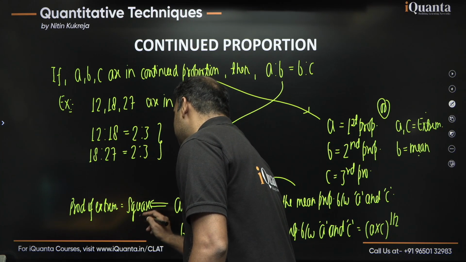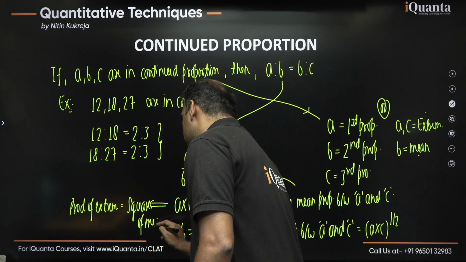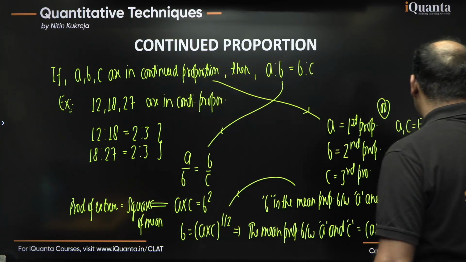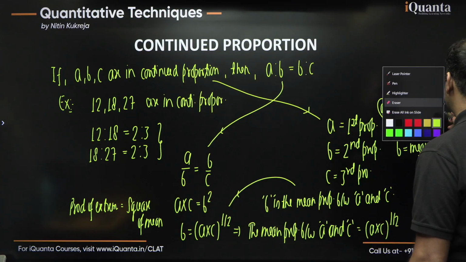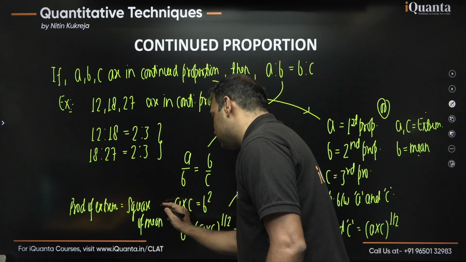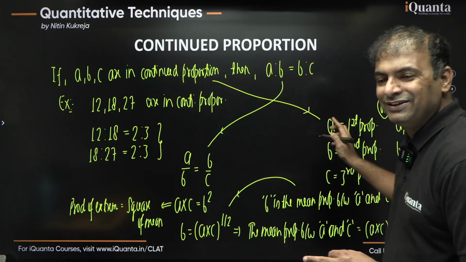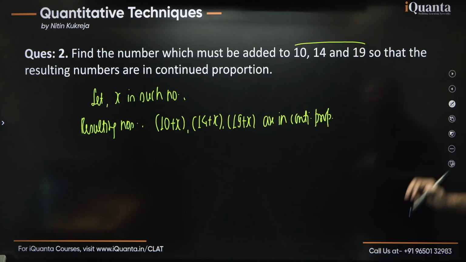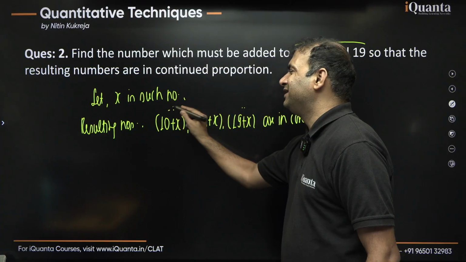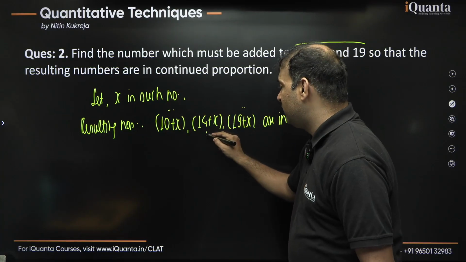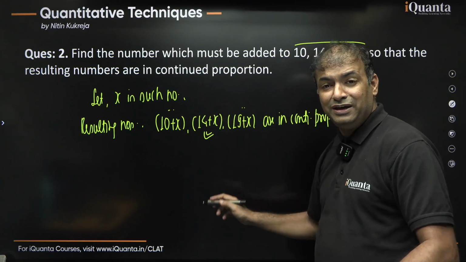Remember this result, which can be extremely helpful in solving a certain kind of question, especially the question which I have just written over here, right? So the product of the extremes, these two terms, must be equal to the square of the mean, which is this term.